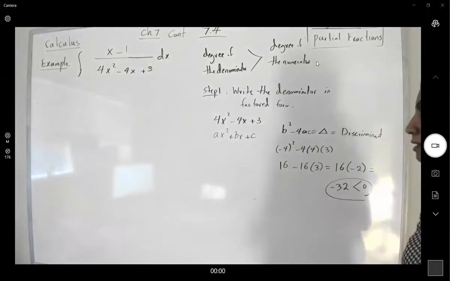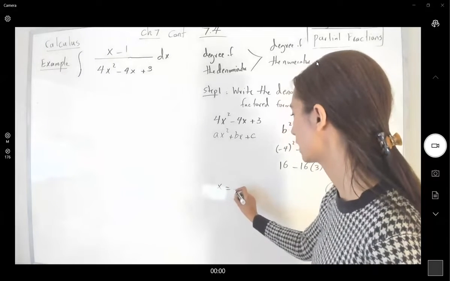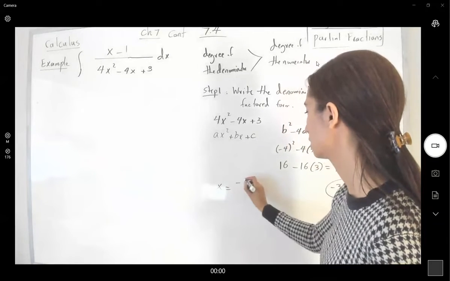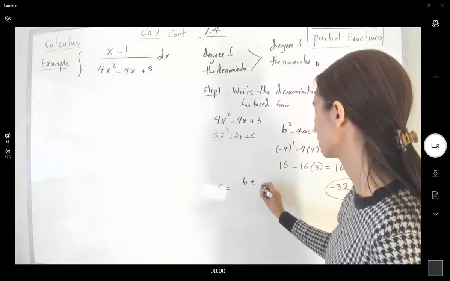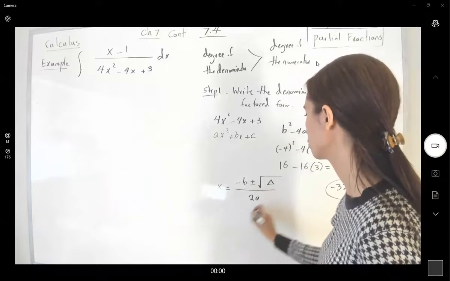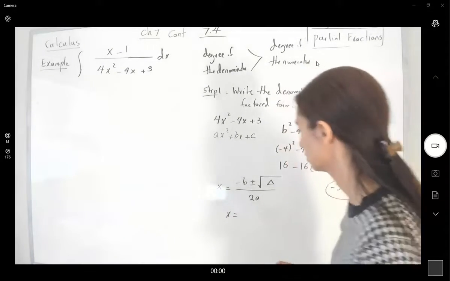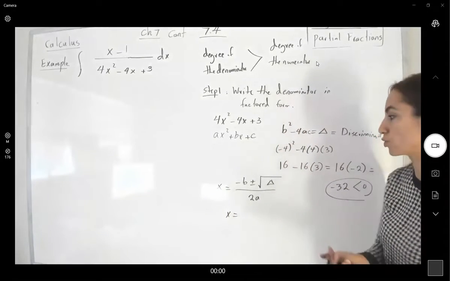What's the meaning of that? It means that if you want to apply the quadratic formula, negative b plus minus square root of delta divided by 2a, this gives you complex solutions.